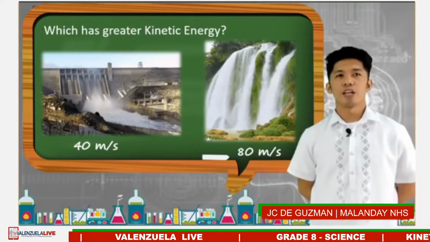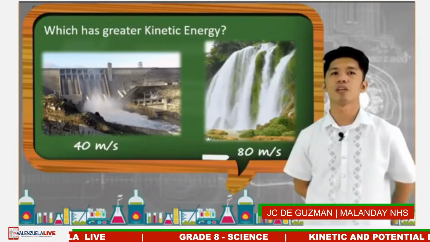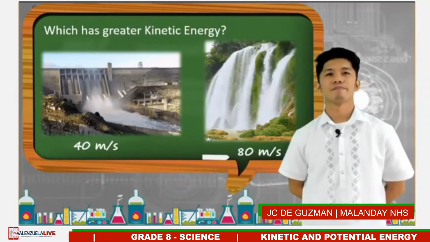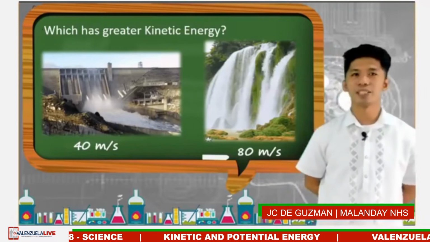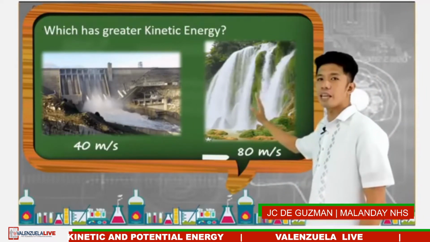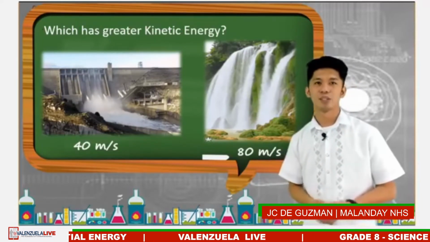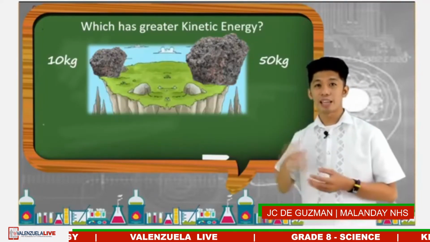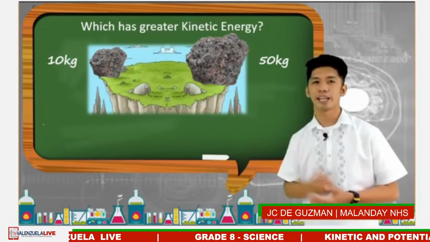Which one do you think possesses a greater amount of kinetic energy? Alright, if you answered 80 meters per second, that is correct, because it has higher velocity. It possesses more kinetic energy.